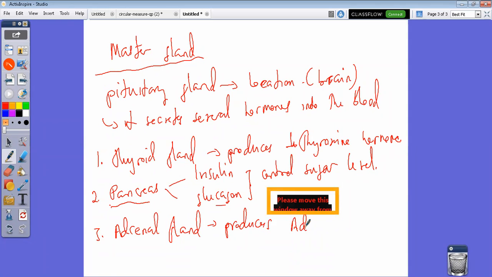Then what are the other important glands?